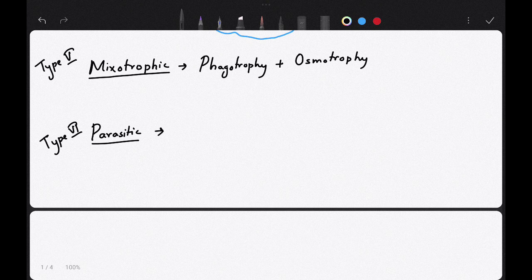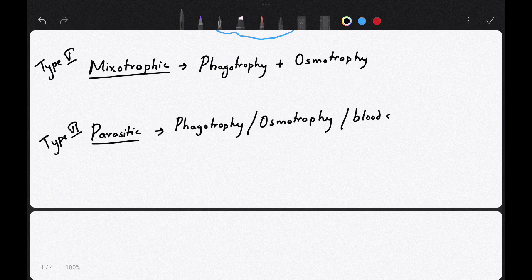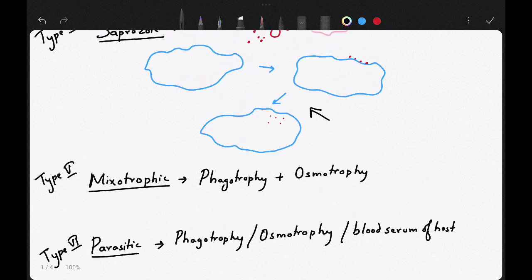In these organisms also we will see phagotrophy, where they engulf the whole food, or we can see osmotrophy, and they can also engulf the blood serum of the host. So these are the different types or modes of nutrition in protozoa.